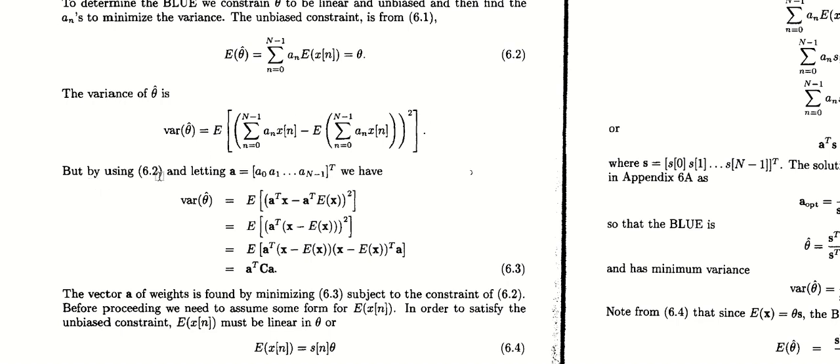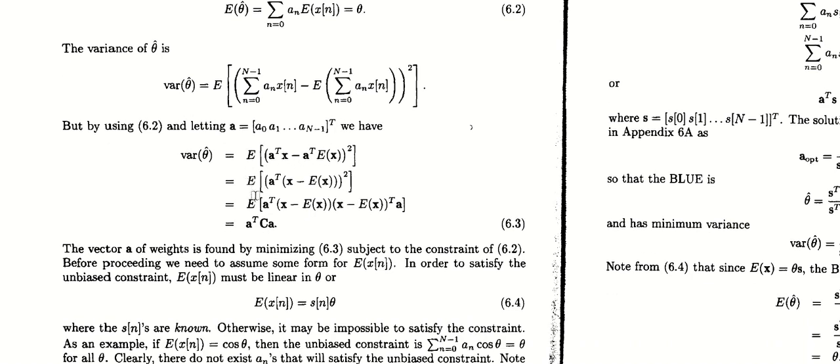So by using 6.2 and letting a equal to this, we write it in vector form: a^T x minus a^T expect of x, squared. The expectation is taken outside, so we have expect of a^T (x minus expect of x) squared.